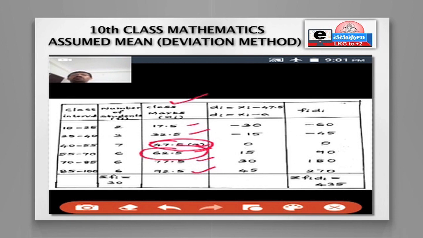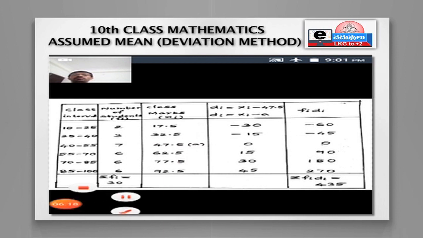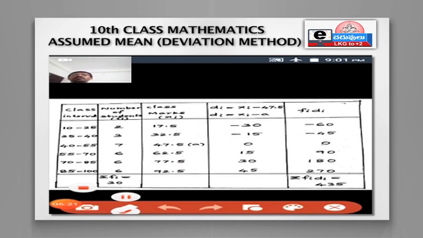So among these two, we can take either 47.5 or 62.5 as the assumed mean. In this problem we are taking 47.5 as the assumed mean.